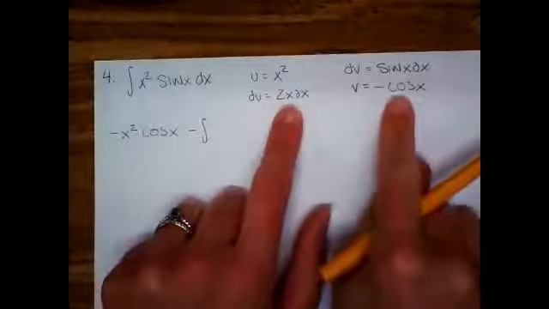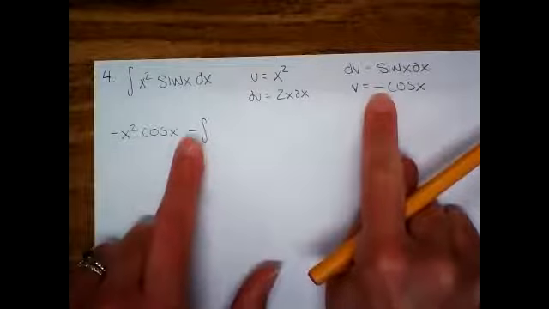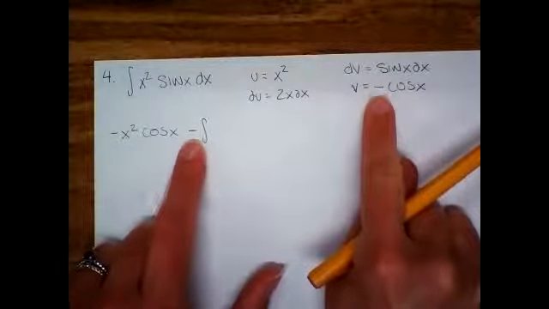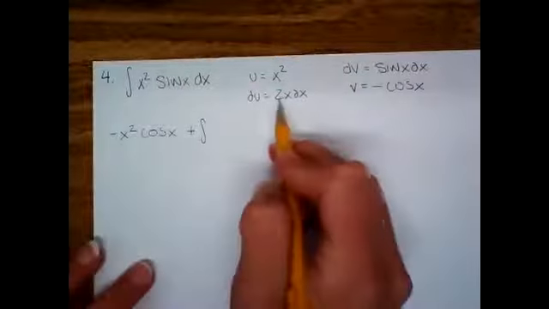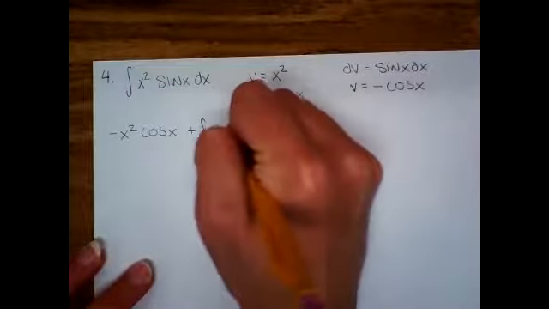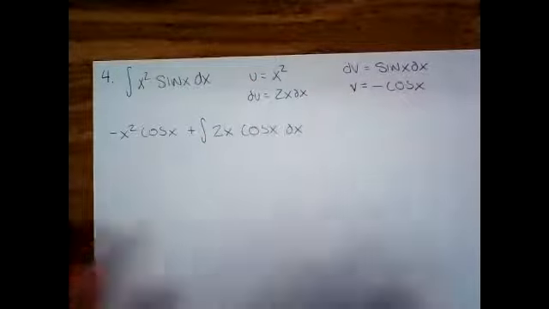Now, when you multiply these together, it is negative. So here's what I would do. This negative is going to cancel with this negative, like you're subtracting something that's negative. So I would just go ahead and make that positive. 2x cosine of x dx, multiplying these together.